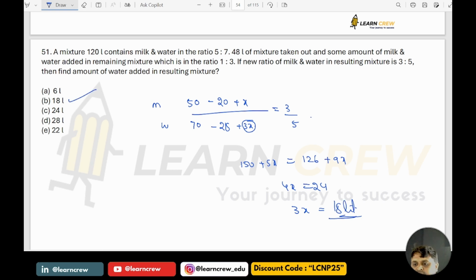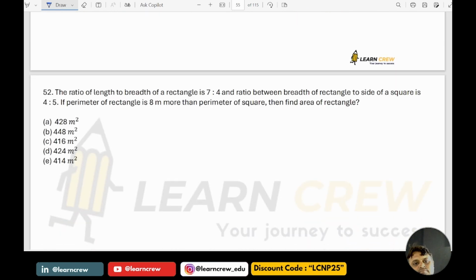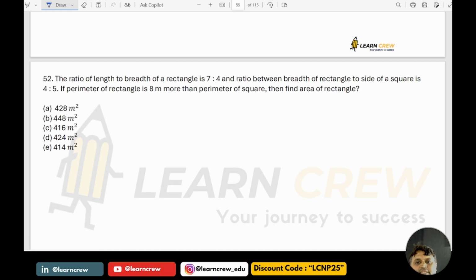The ratio of length and breadth of a rectangle is 7:4, and the ratio between breadth of the rectangle and a side of a square is 4:5.